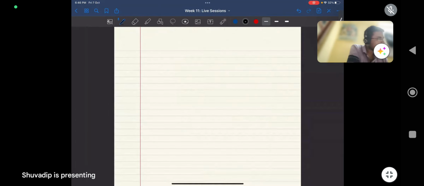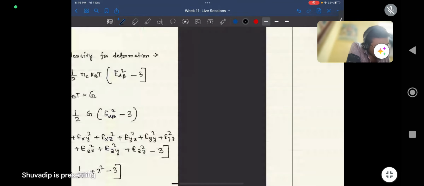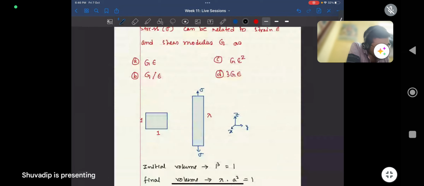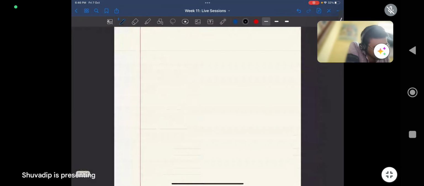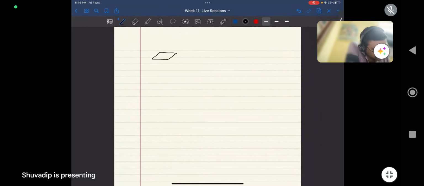Now consider in this deformed shape the plane x y. This side is 1 by root lambda, this side is 1 by root lambda, like this, and you are giving a stress which is sigma, a function of lambda.